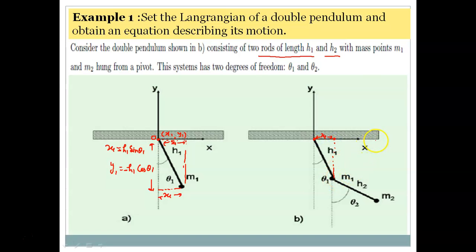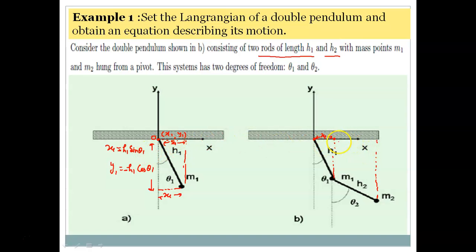Then from here we are going to find the values for the second pendulum. For the second pendulum, the whole distance will be x1 plus this part. We know that x1 is h1 sine theta1.